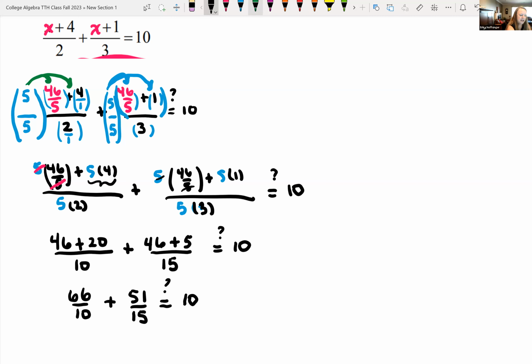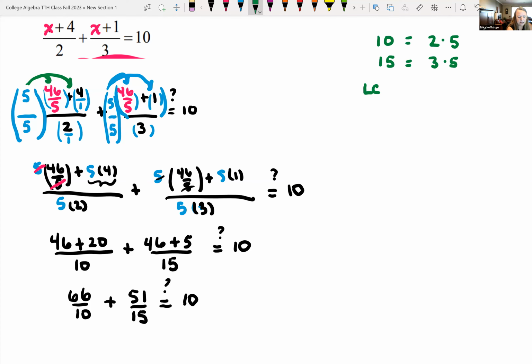So this could be good practice for finding the LCD between 10 and 15. When you're looking for the LCD, when they both have some factors that are common, sometimes it's easiest if you go through and rewrite it as prime factors. So I can rewrite 10 as 2 times 5. 2 is a prime number, and so is 5. And then I could rewrite 15 as 3 times 5.